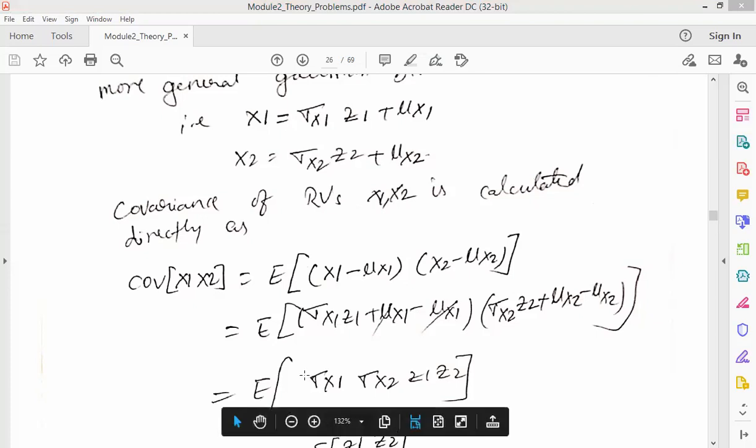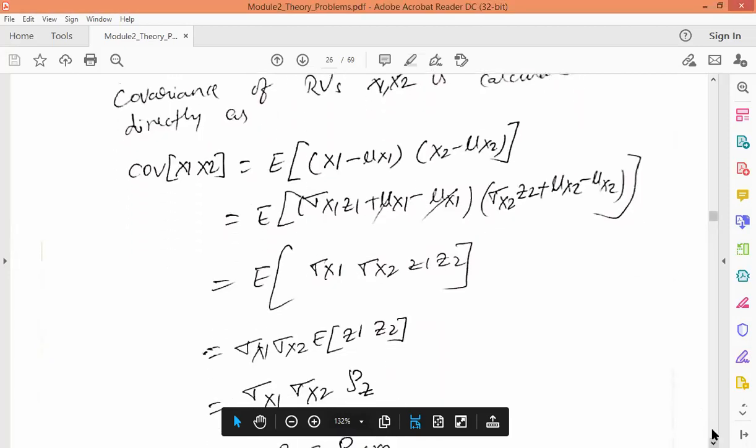We are left with expectation of sigma x1 z1 into sigma x2 z2. Here sigma x1 and sigma x2 are constants, so they can be taken outside. So we get the covariance of the general Gaussian random variables as covariance of x1 x2 is equal to sigma x1 sigma x2 into expectation of z1 z2.